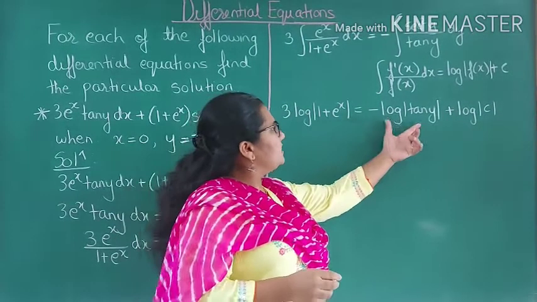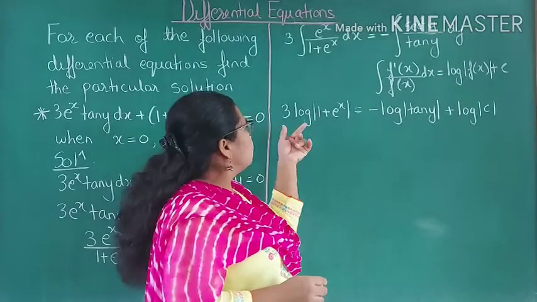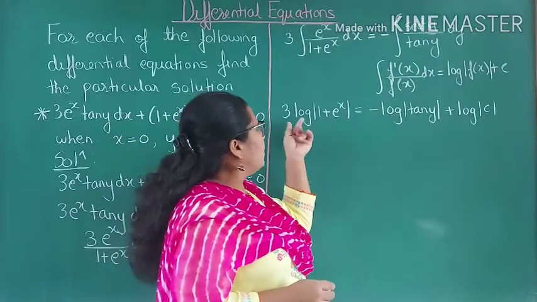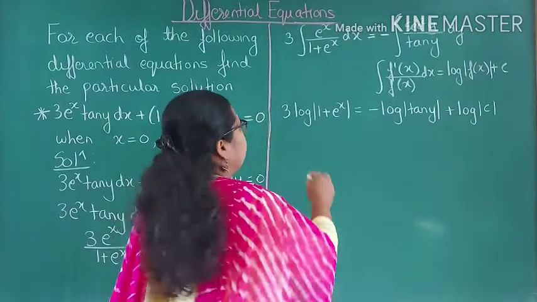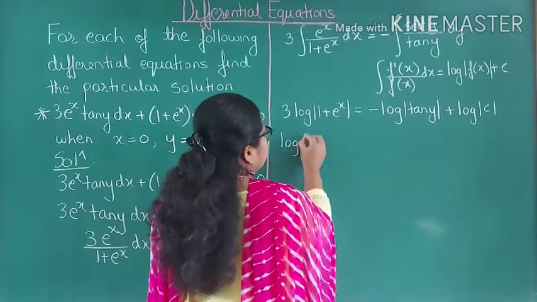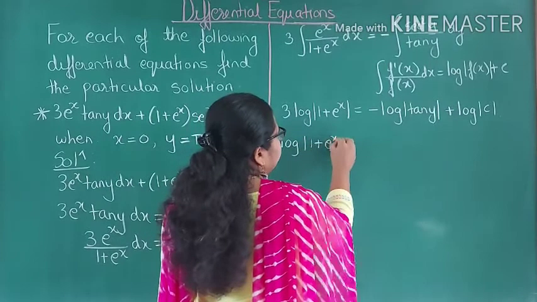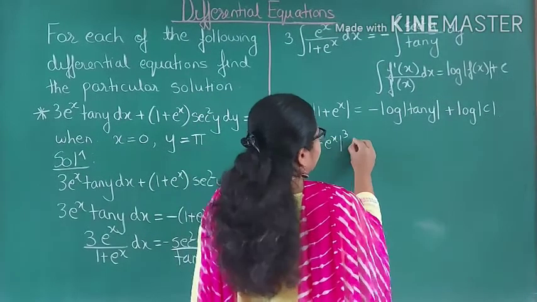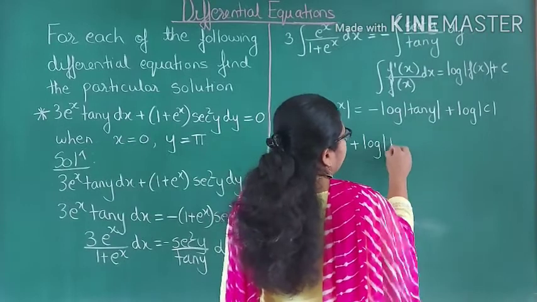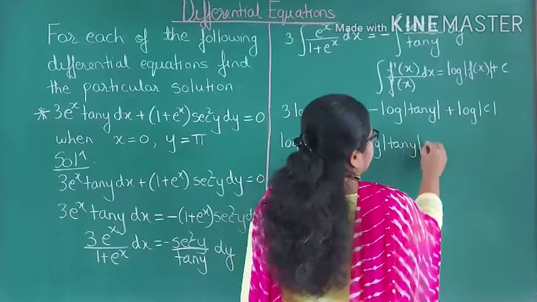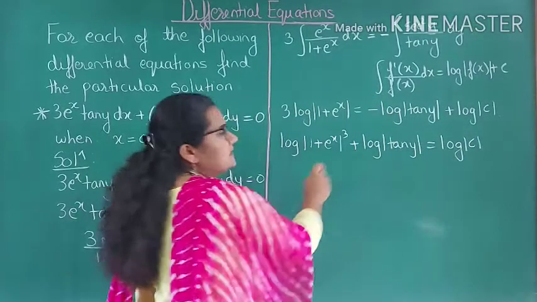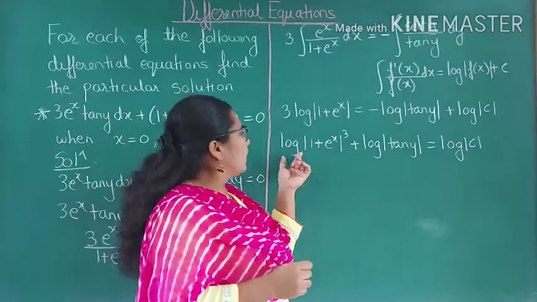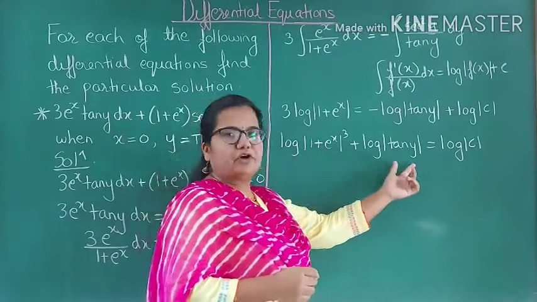Now if you take this term on this side, it will become plus, and using the exponent rule of log, this is log of (1 plus e raised to x) to the power 3. So this is log of (1 plus e raised to x) cube plus log of tan y is equal to log c. Plus sign in logarithm means this will become the product of the terms.